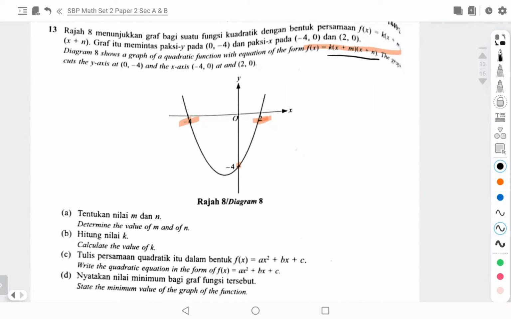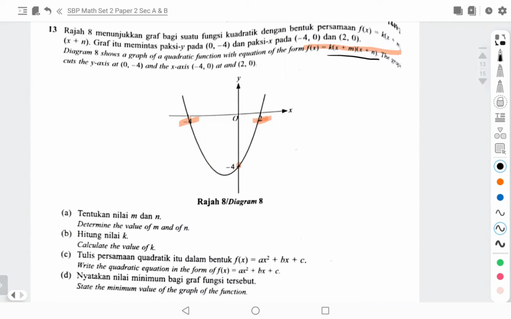-4 and 2. When you insert in the bracket, it's just like factorization. Remember, it cannot be -4, you have to take the opposite. One positive, one negative. Just change the signs, so it will be x minus 2, x plus 4. -4 becomes plus 4.